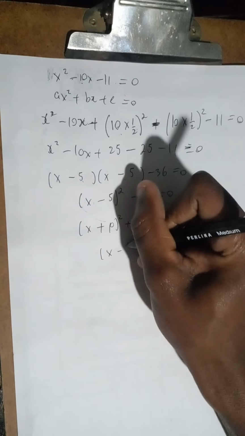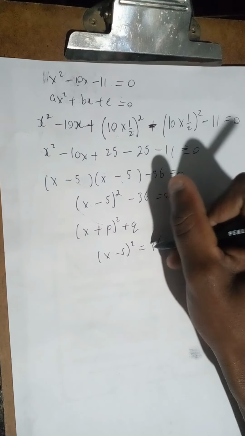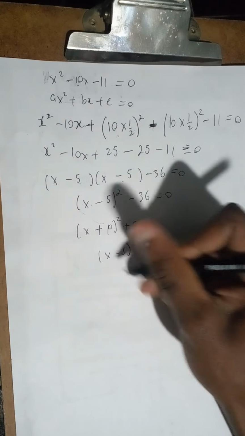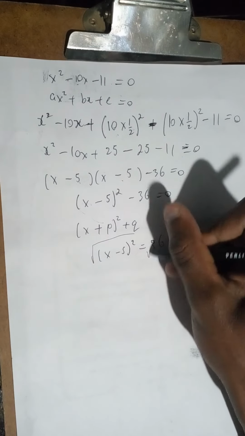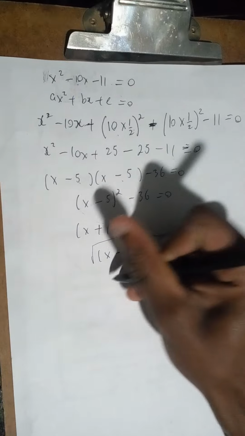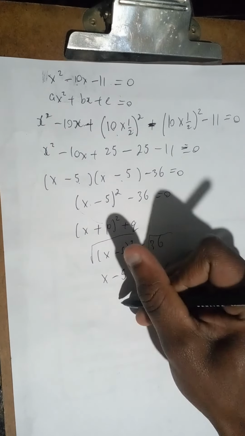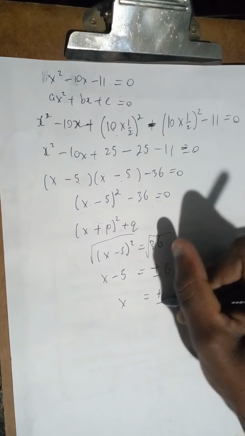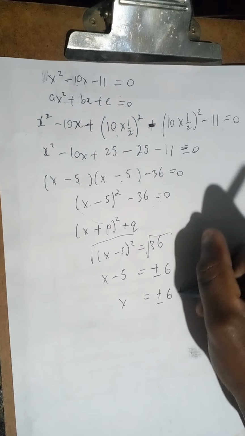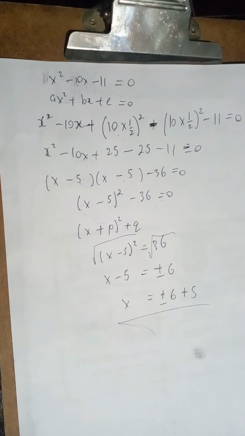So it is x minus 5 squared, you take 36 to the other side, it becomes positive 36, and then you take the square root, and therefore you get plus minus 6 equals x minus 5, and then your x is going to be plus minus 6 plus 5. So this is your final answer of the whole thing.